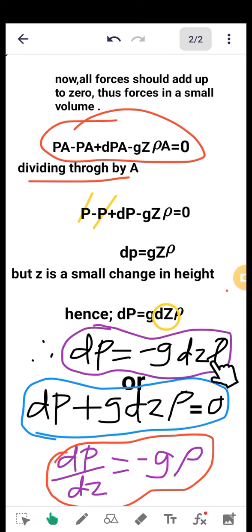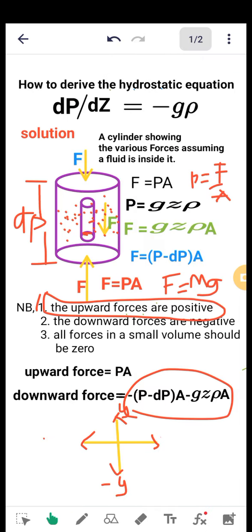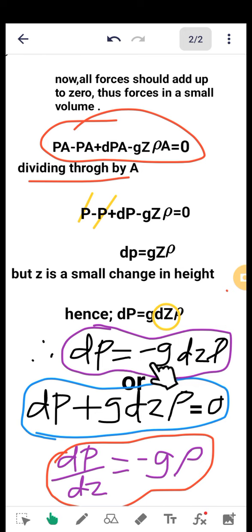So this is the rho. Someone may ask, why is it that it is negative? It is negative because the gravity is acting downward, in the negative y direction. That's why the gravity is negative.